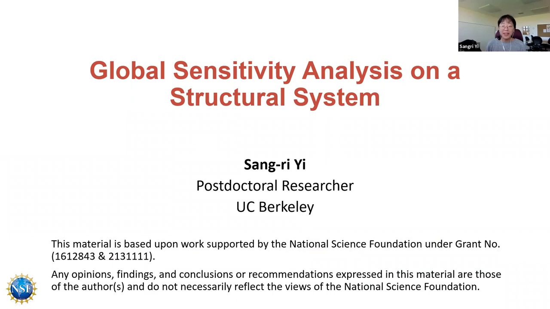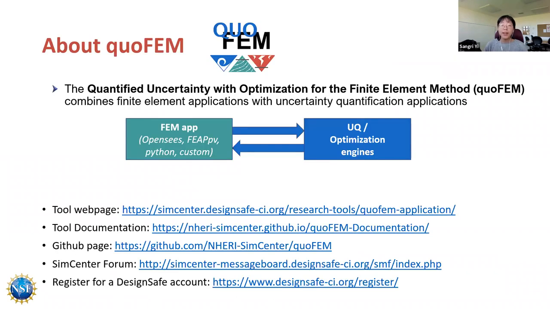Thank you, Matt. Hello, everyone. I'm Song-Ri, and today I will talk about what is global sensitivity analysis and how we can run it through quoFEM. Before we start, I will briefly review what quoFEM is. The full name of the tool is Quantified Uncertainty with Optimization for Finite Element Method.